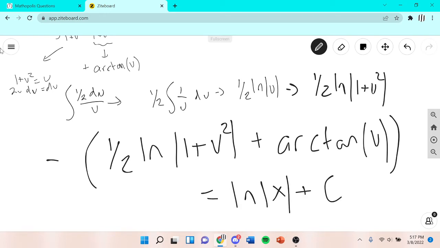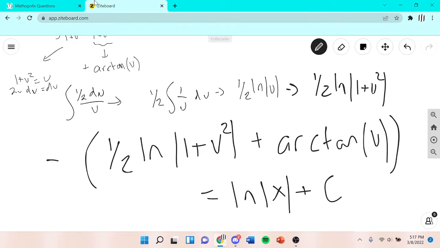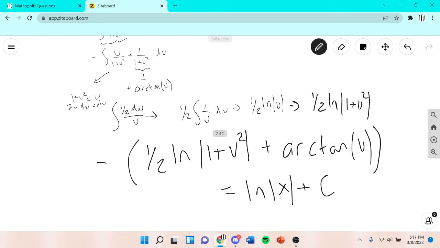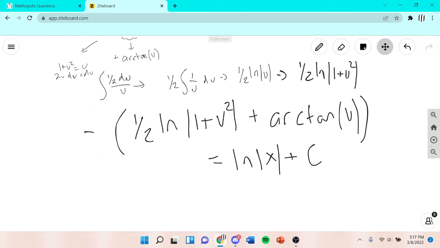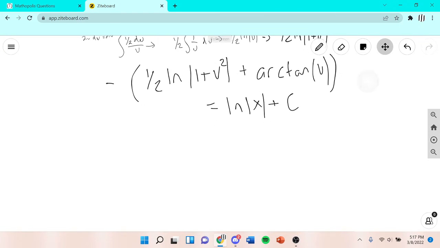Now usually they should let us just leave it in this form, but when I say leave it in this form, we have to substitute v back in. So actually, I should do that.